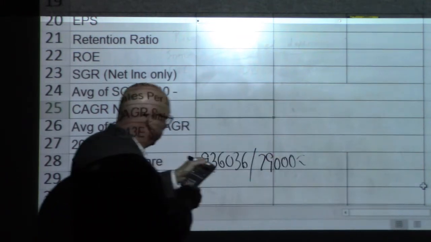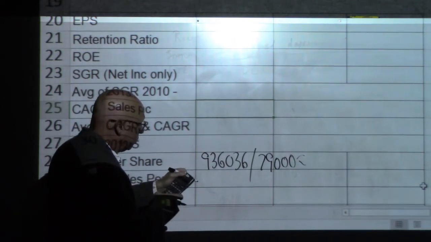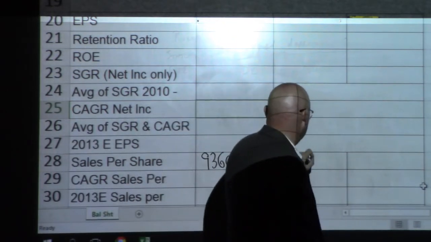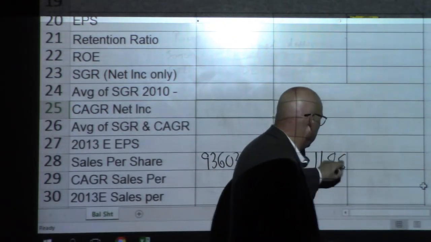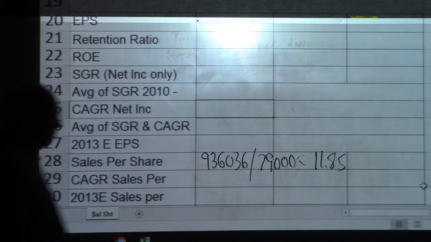And let's find sales per share. 936,036 divided by 79,000 is $11.85. Okay? $11.85, sales per share in 2012.